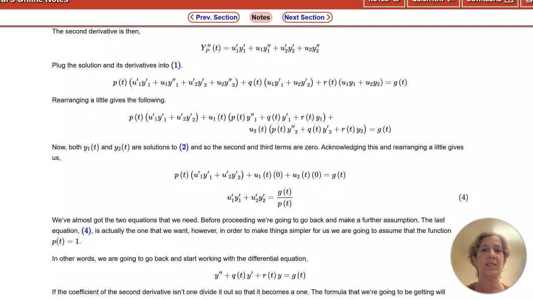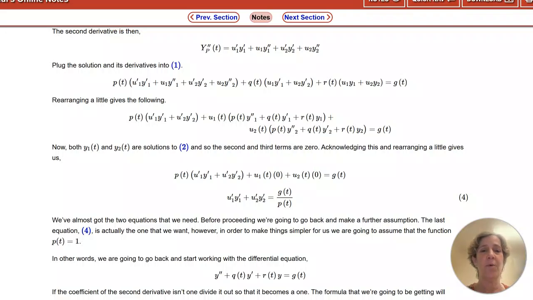So therefore, the second and third terms will end up being 0, meaning anytime I have a constant times y1 and or a constant times y2, when I've plugged that into my differential equation, since that's a solution to the homogeneous equation, that means that when I evaluate my differential equation with those solutions, the answer should equal 0.